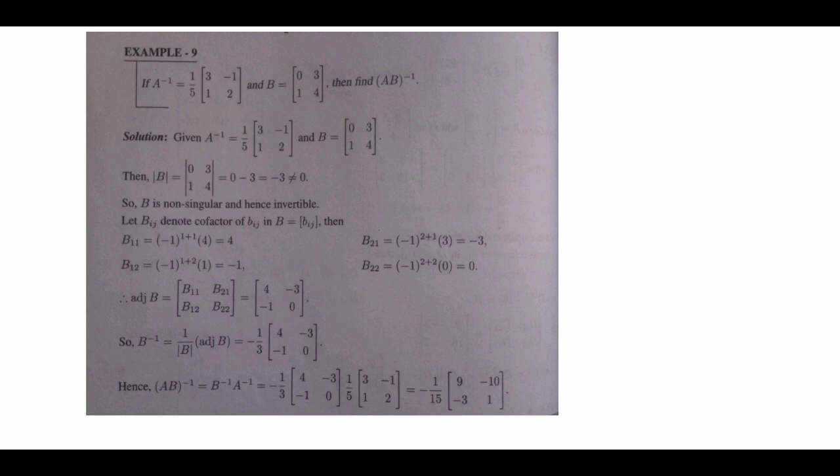B inverse is this, and A inverse from above, multiplying these two, constant will be multiplied with constant and matrix will be multiplied with matrix. So we get minus 1 upon 15, 9, minus 10, 3, 2.